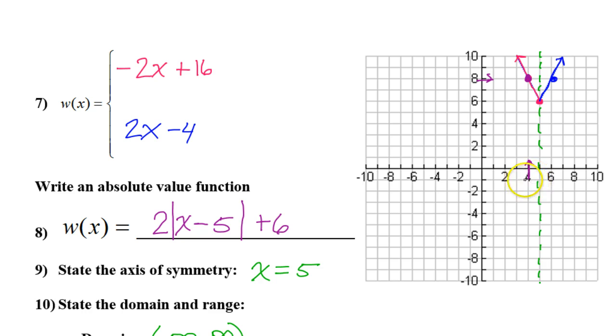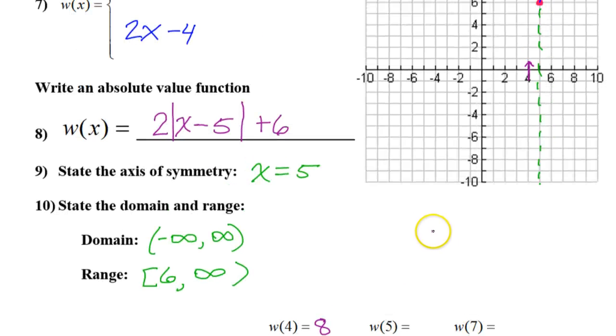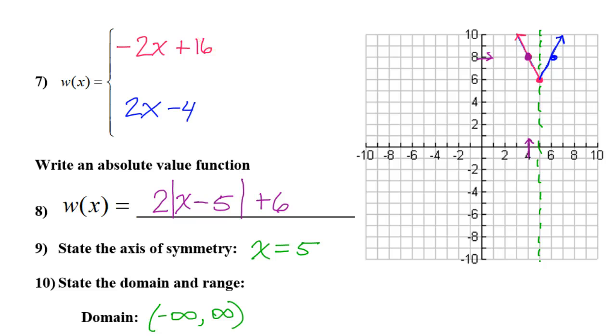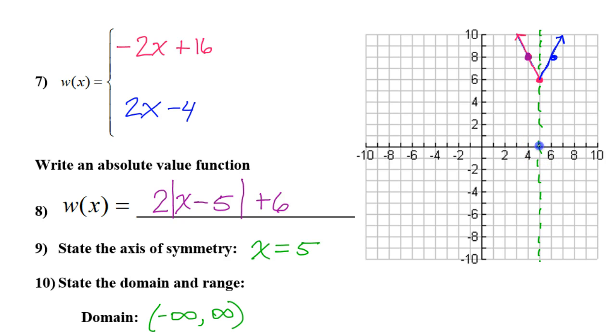So 8. At an x value of 4, the y value is 8. At an x value of 5, well, that's right at the axis of symmetry. Maybe I'll change colors. At an x value of 5, meaning right here on the axis of symmetry, the y value is 6 because it's the vertex.